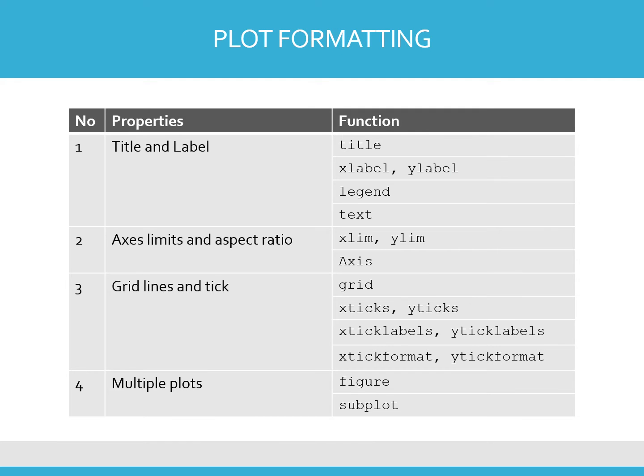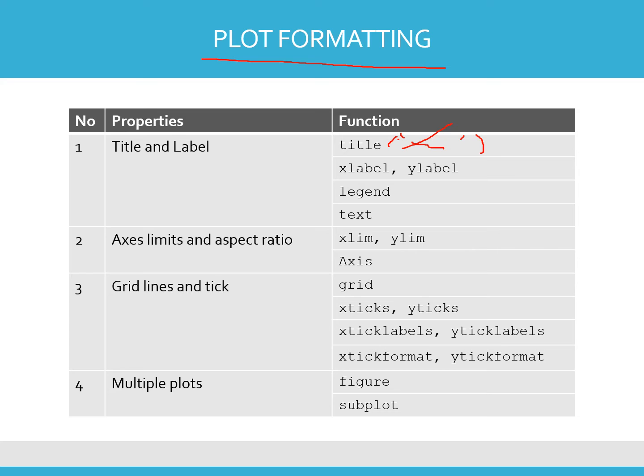Next part I will show you plot formatting. This is what you can do on the plot. If you want to add a title, use the title code: write title, open bracket, apostrophe, then write the title, apostrophe, close bracket.